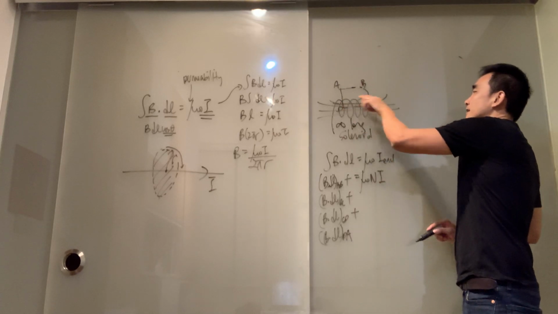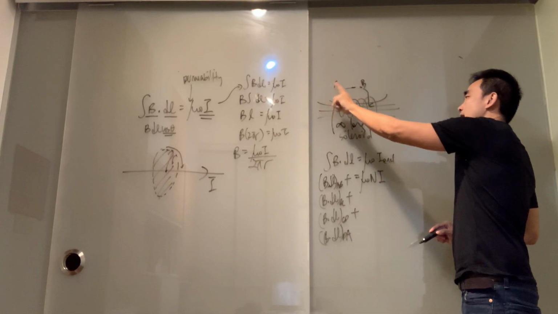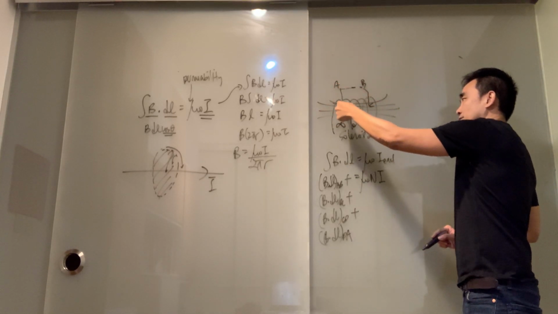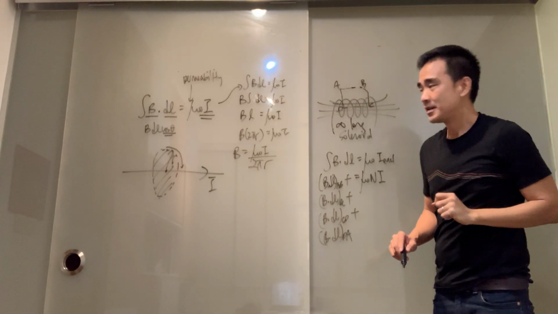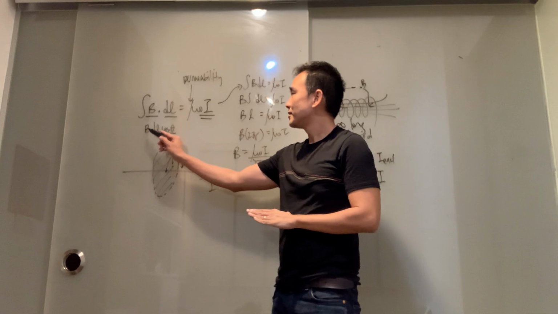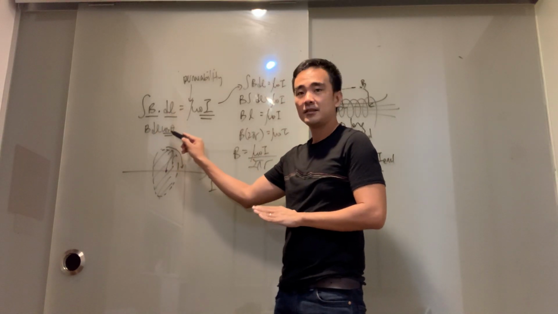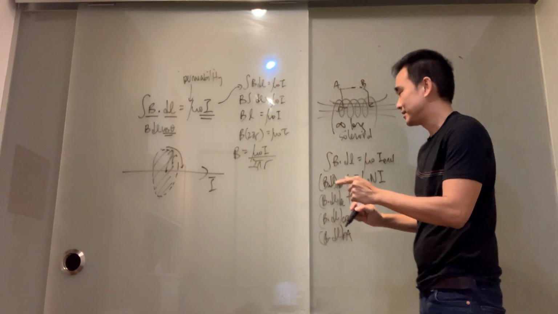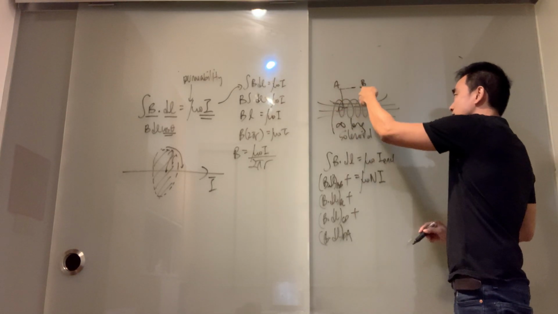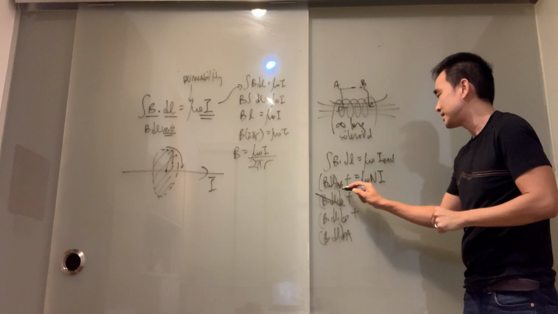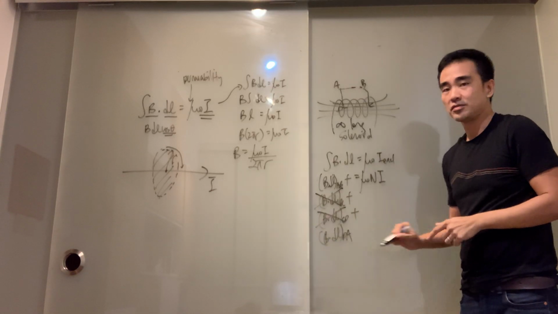Now take a look at the direction of the field and the loop direction. Whether it goes here or here, it doesn't matter, the angle is 90 degrees. So remember, coming back to here, dot product is cosine theta, so it is cosine 90. And cosine 90 is 0, so anything that goes here and here will be 0. Therefore, BC and CD go to 0.